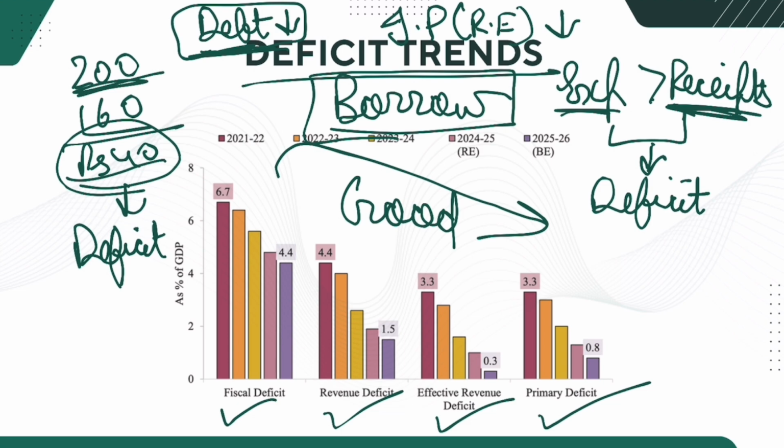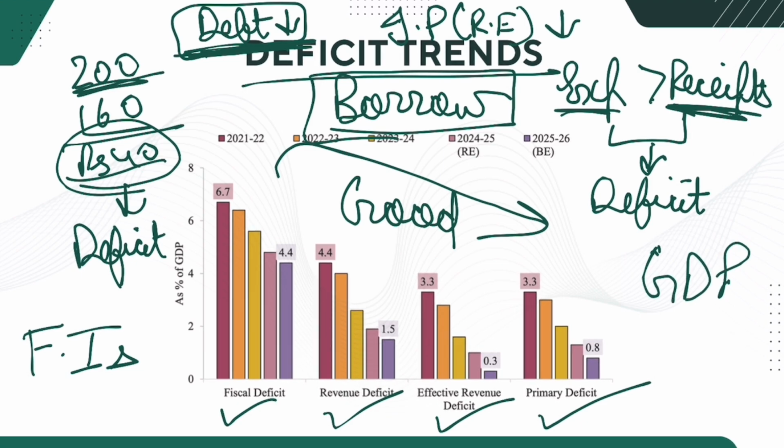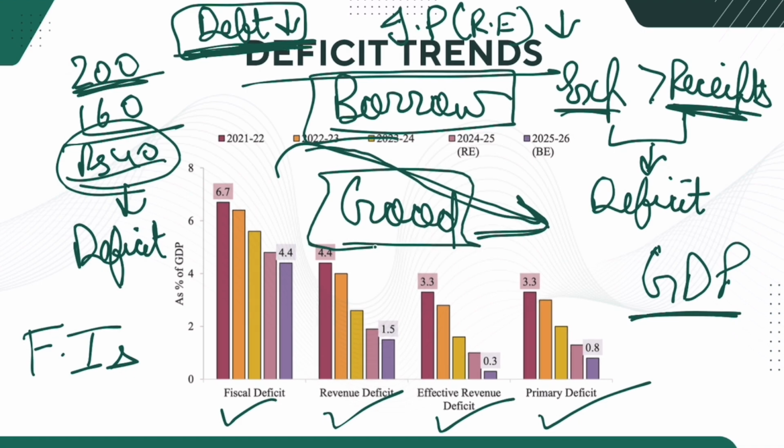Plus, if the government has low debt, then foreign investors and domestic investors are confident about India. If India's debt burden declines, that would definitely boost foreign investment in India, which is good for India's GDP or economy at large, right? So the declining trend in deficits is very good news.